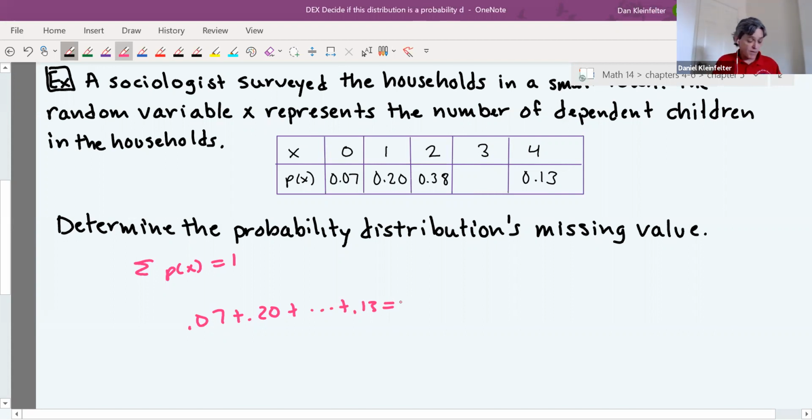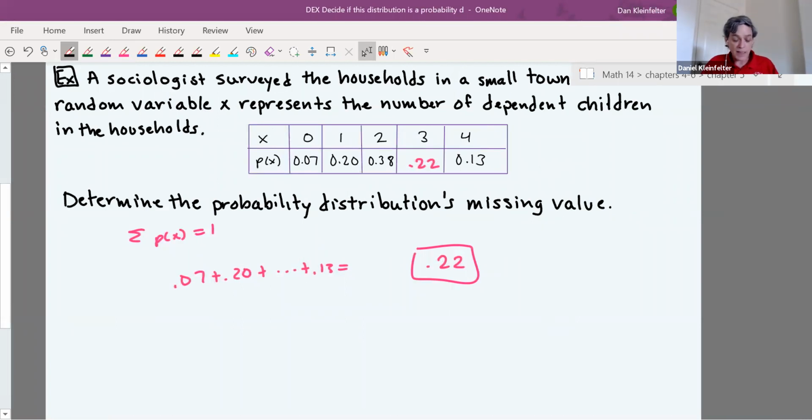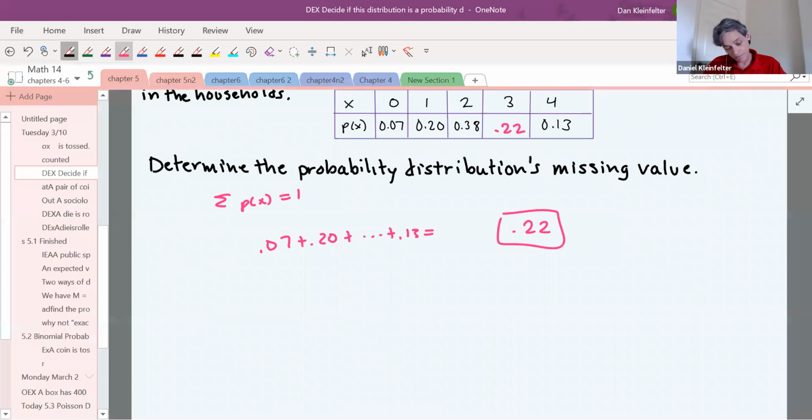And then take away from 1. What's missing is 0.22. That was the missing value. Okay. Again, this is just to reinforce the idea that all the probabilities have to be between 0 and 1, and they all have to add up to 1.